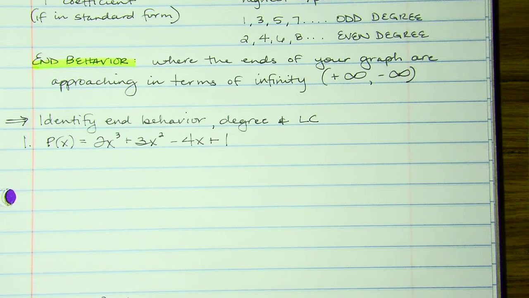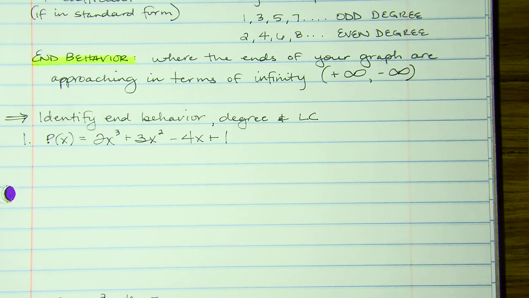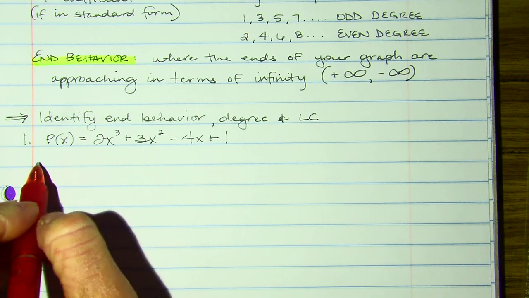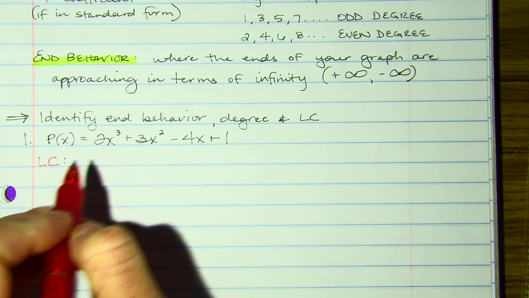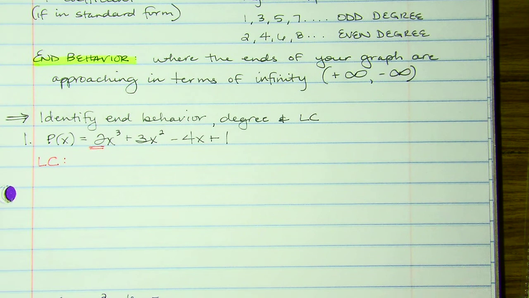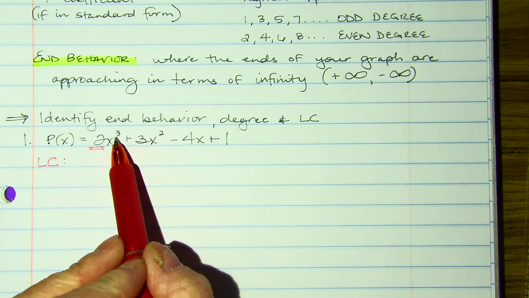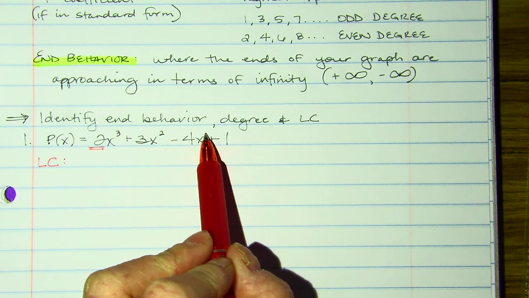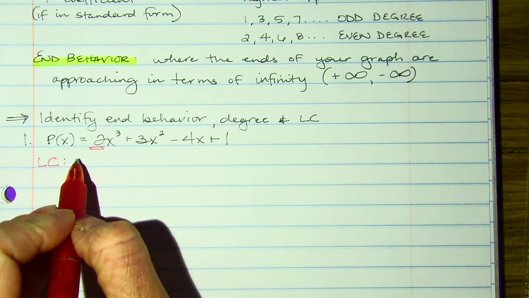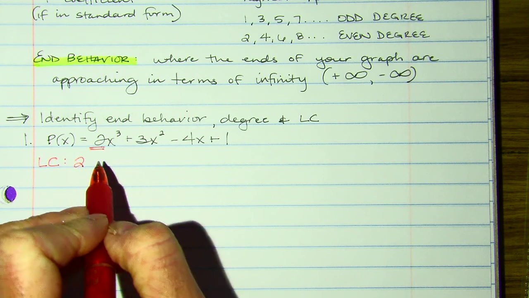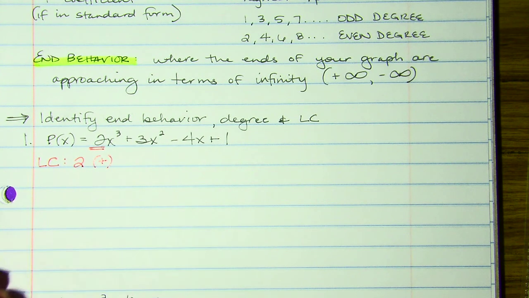So the first, identify the end behavior, degree, and leading coefficient. So I'm going to start with my leading coefficient. In this case it is the first coefficient because this is in standard form, 3, 2, 1, 0. So my leading coefficient is 2, and this is a positive 2.